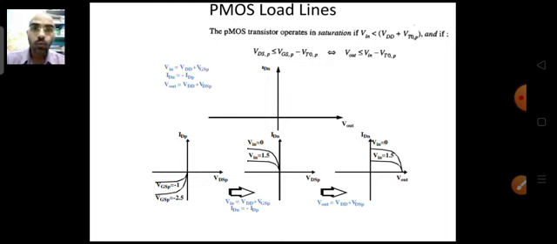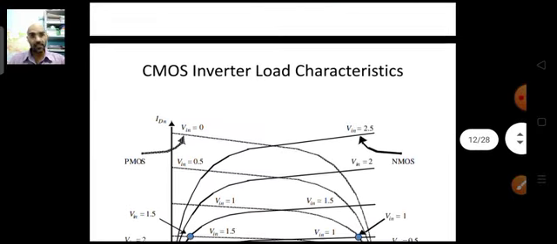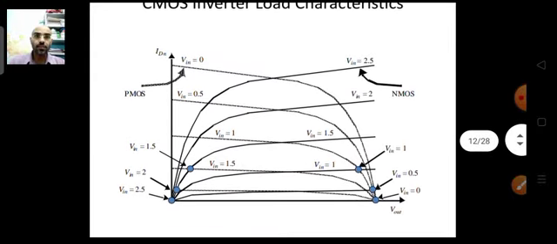Now once you have plotted these characteristics in the first quadrant, the characteristics of the NMOS are already there in the first quadrant. If you now shift the PMOS characteristics also into the first quadrant and plot them simultaneously, the characteristics will look something like this.